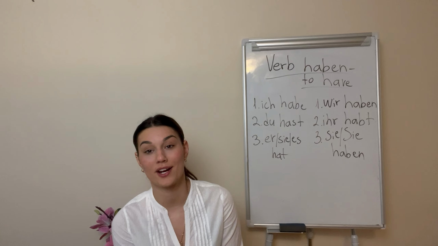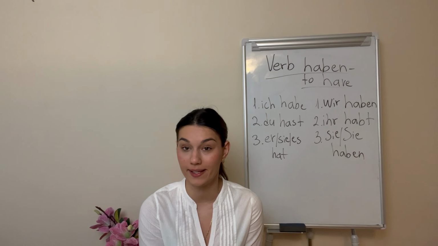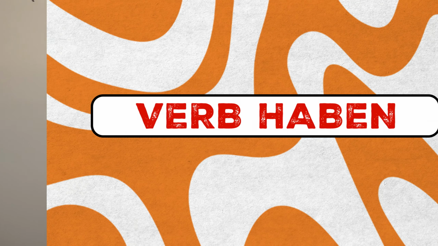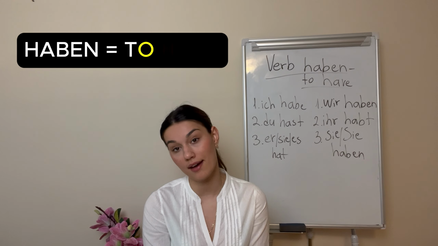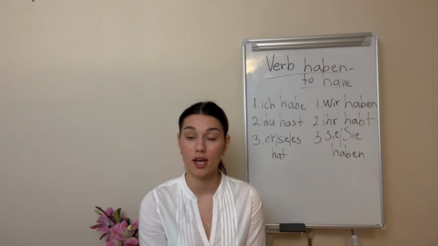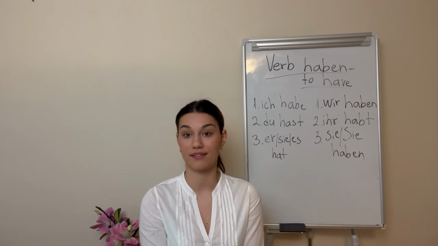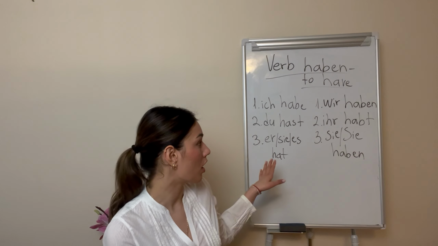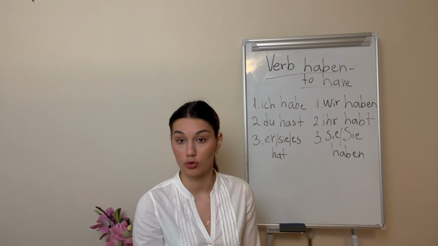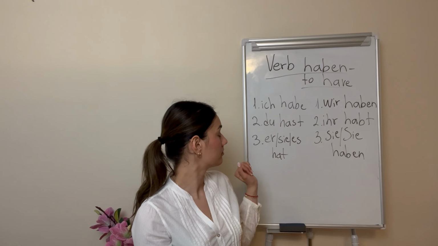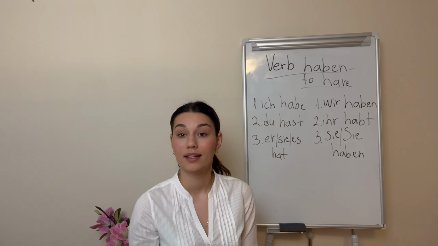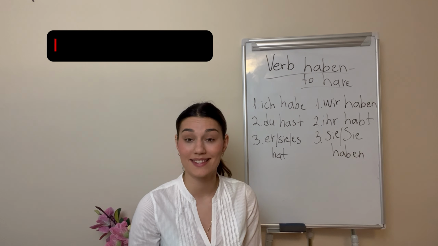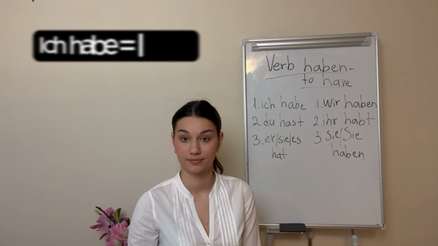And now let's start with our first verb for today. That will be verb haben. That will be translated as to have. Repeat after me. Haben, to have. So, first of all, you need to copy all this in your notebooks, and then we can start. Ich habe, that will be translated as I have.